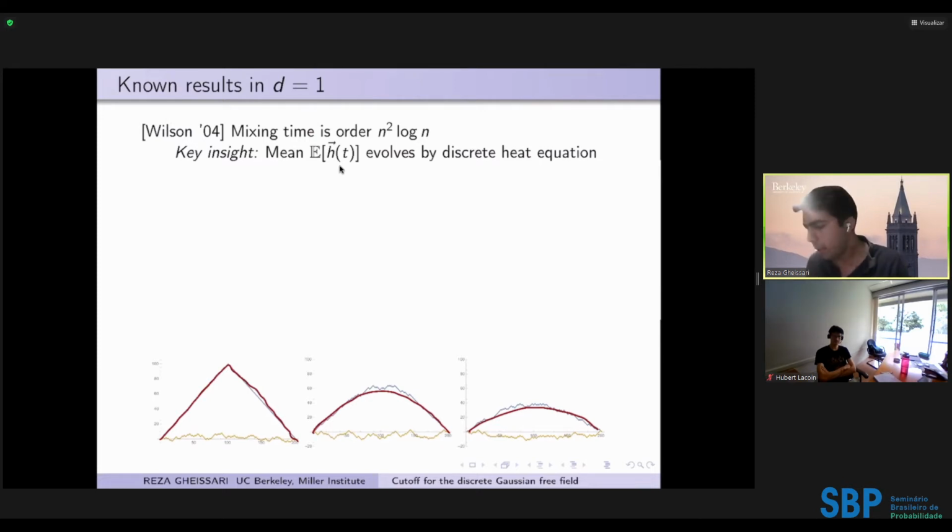So one doesn't get the precise constant in front of the n squared log n from this argument, but it's a fairly general argument for all of these Edwards-Wilkinson types of dynamics, where in expectation the evolution is just a Laplacian acting on the surface. Okay.